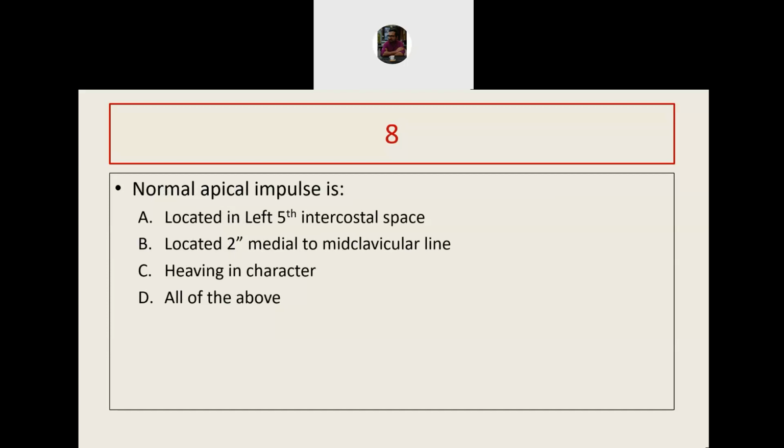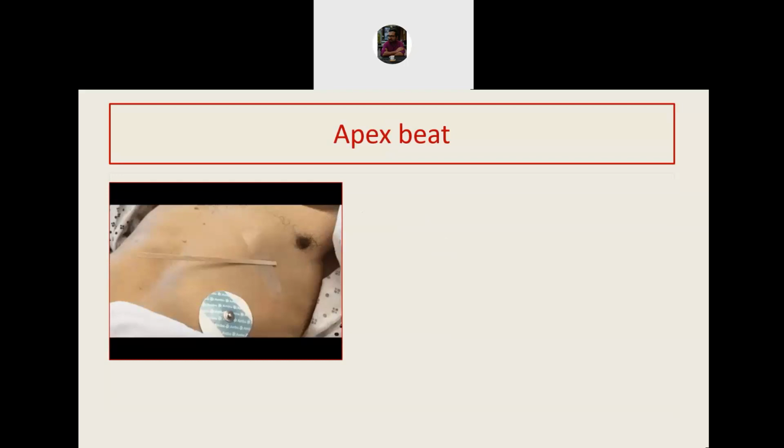Next question. Normal apical impulse is, so choose the correct option. Next question. So before we go into the next question, let's discuss the apical impulse.